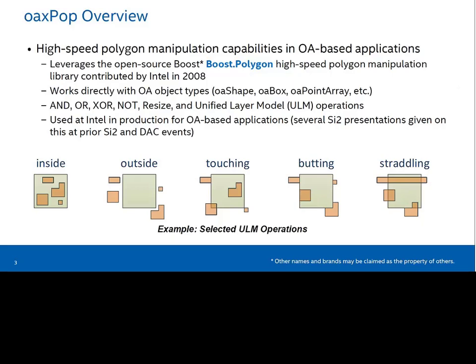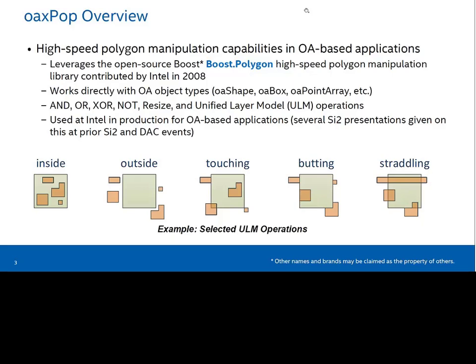It contains the basic Boolean logical operators AND, OR, XOR and NOT on polygons, along with resizing capabilities and the unified layer model, or ULM, operations as discussed and agreed upon within SI2 in another working group. And so the bottom picture shows a couple of those relationships that are also available.